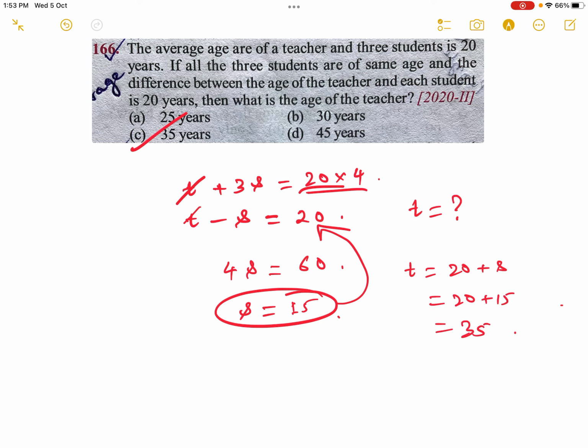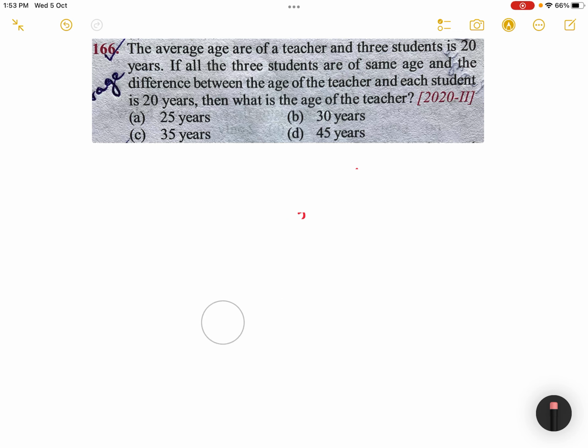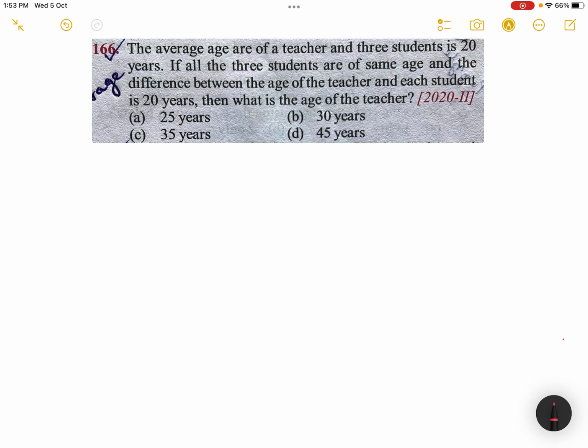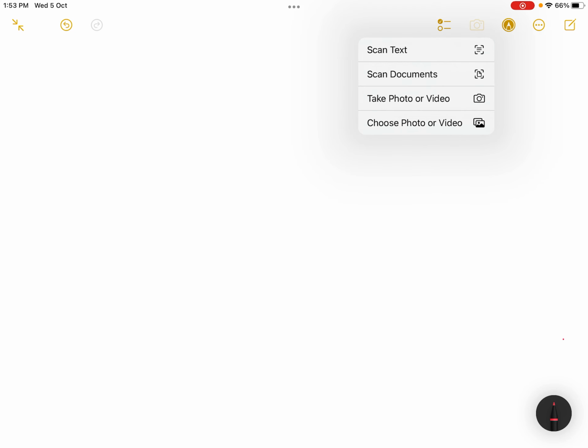This is too easy. This 2020 was fine. 21, 22, I think CSAT has leveled up the game.